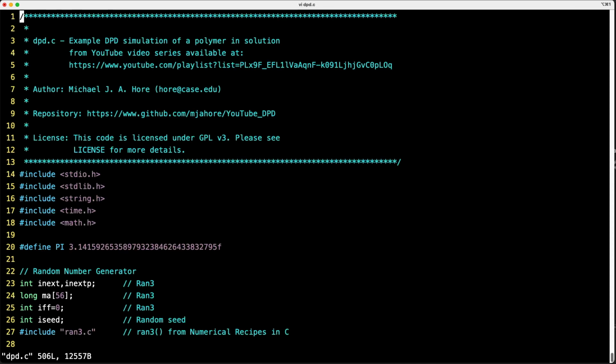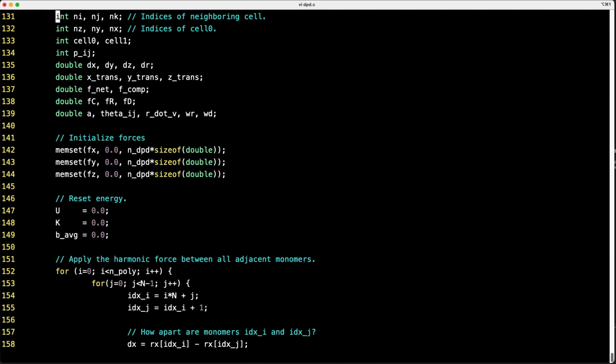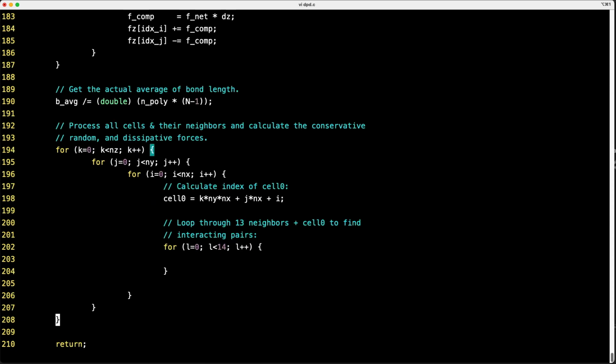So let's see. If I go down to calculate force, we are going to start doing that here. What we need to do is get the first member of cell 0. The index of that particle is going to be the head particle of cell 0.